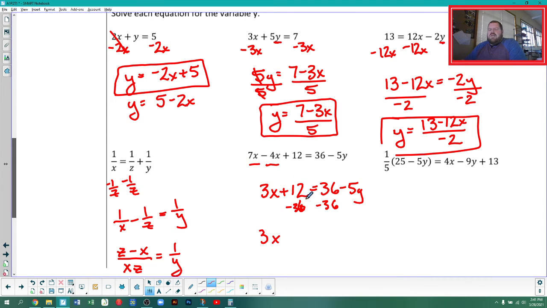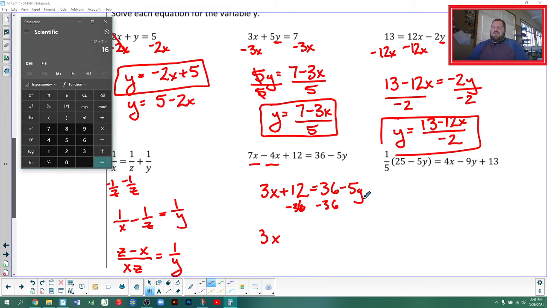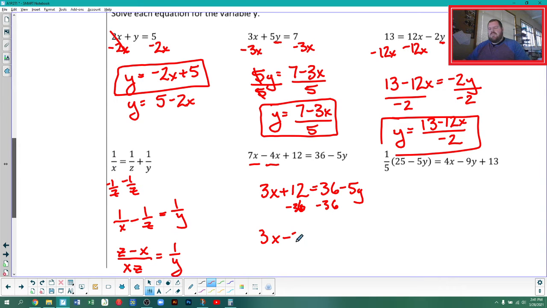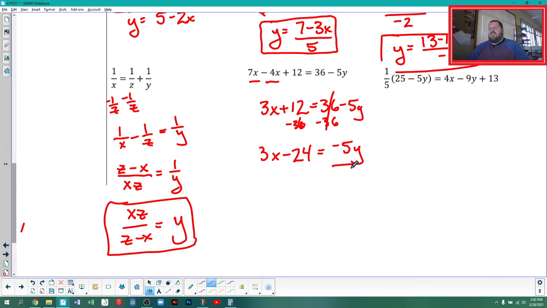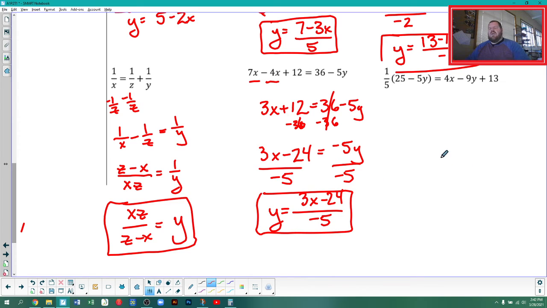We're going to have 3x, and just to double check, I believe it's 24, or negative 24. These ones cancel, and I have a negative 5y. I'm going to divide that by 5y and call it good, or divide by negative 5, I meant to say. And I'm going to put my variable on the left because it just feels a little bit better. 3x minus 24 divided by negative 5. Call that good, even though it's very ugly.